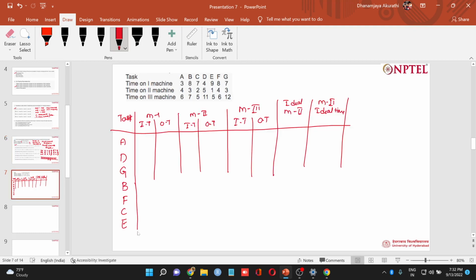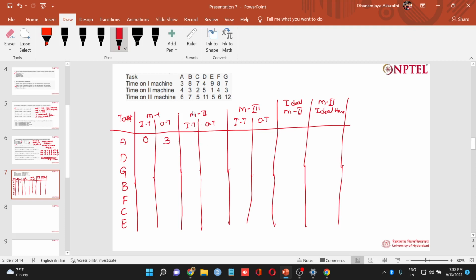So in this case, the in time for machine 1 is, anyhow, 0 at the starting, and out time is 0 plus machine 1's processing time on task A, which is 3. So out time is 3.